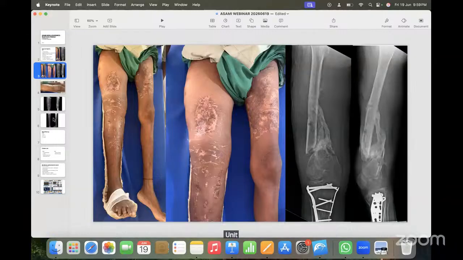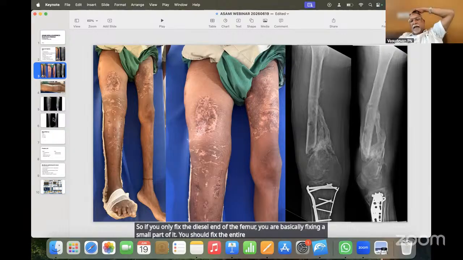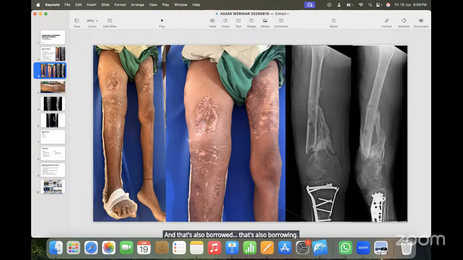So if you only fix the distal end of the femur, you are basically fixing a small part of it. You should fix the entire thing. That's osteoporotic. So that is how I would deal with that.